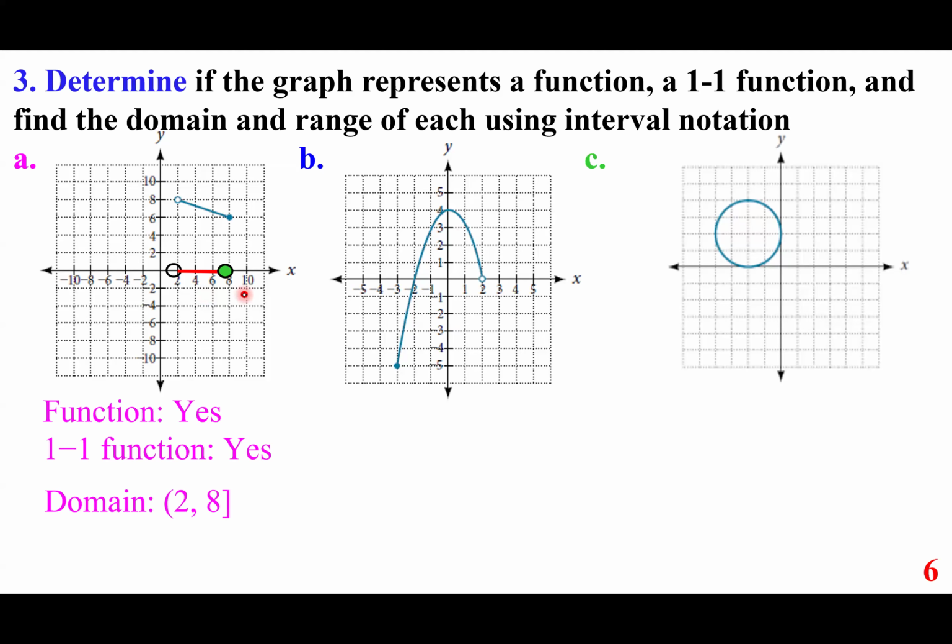That's how you do that. What about the range? Then you lay this down along the y-axis and it covers from here to here. So it's from 6 to 8. And again, 6 is covered, 8 is not. This is how you find it.